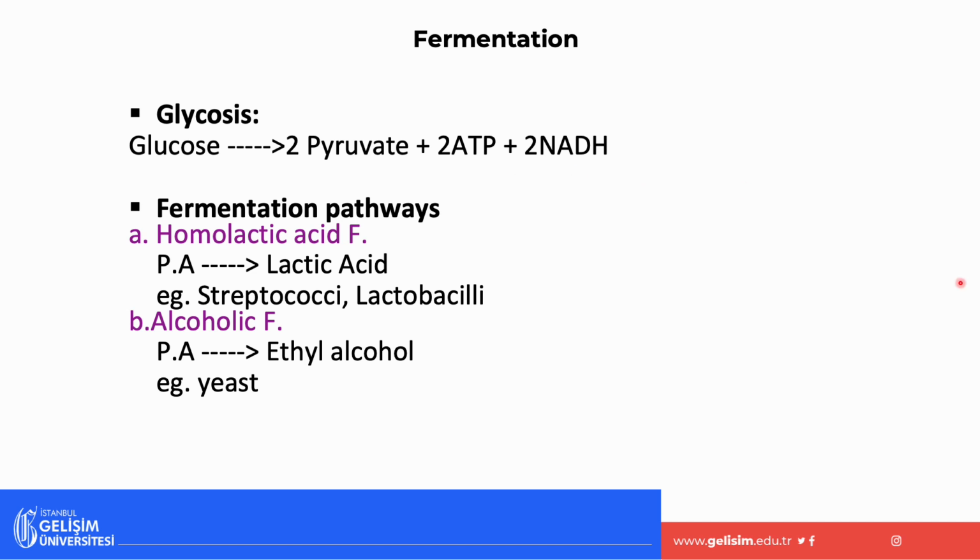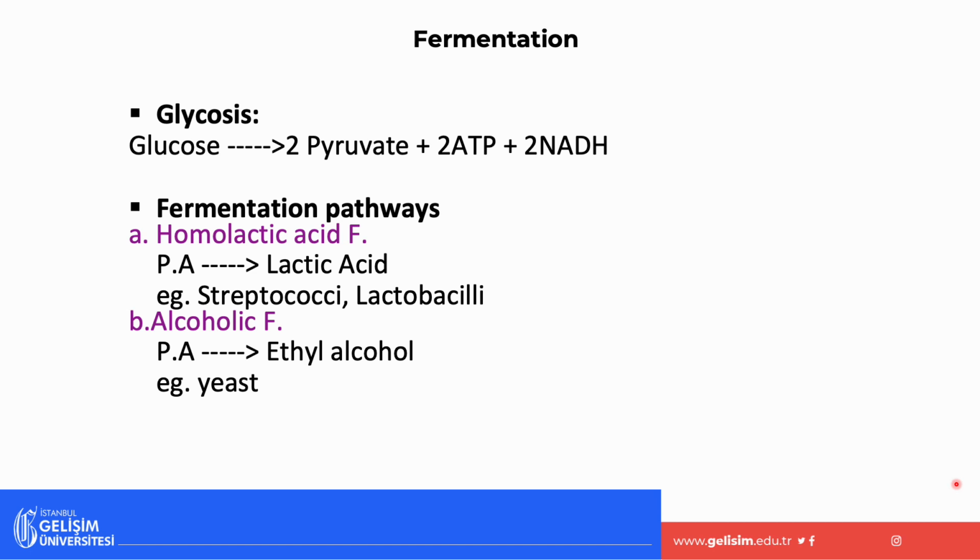All right, so another look at glycolysis. Glycolysis is the metabolic pathway that converts glucose into 2 molecules of pyruvate along with the production of 2 ATP and 2 NADH molecules. Fermentation pathways, again, are alternative metabolic pathways that take place when oxygen is not available for cellular respiration.